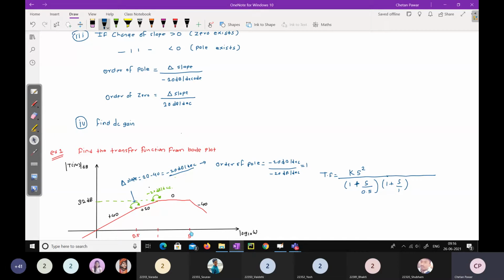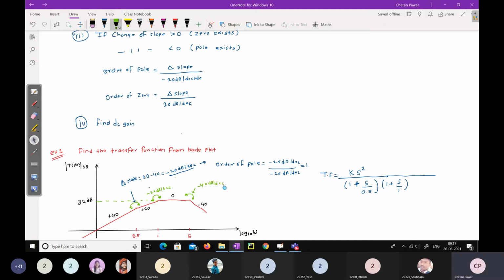Let us see the next corner frequency, the 5. At this particular frequency, what is the change in slope? That will be minus 40 dB per decade.